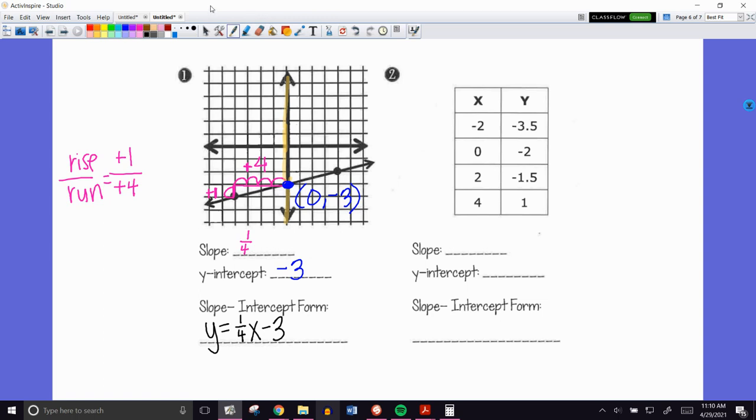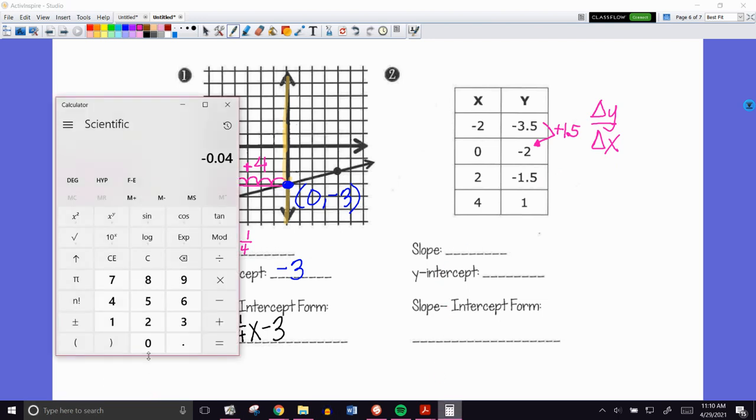So for number 2, we do have another table. And we need to remember that we can't do rise over run on the table. We're going to need to do change in y over change in x. So I can see that to go from -3.5 to -2, we're going to add 1.5.